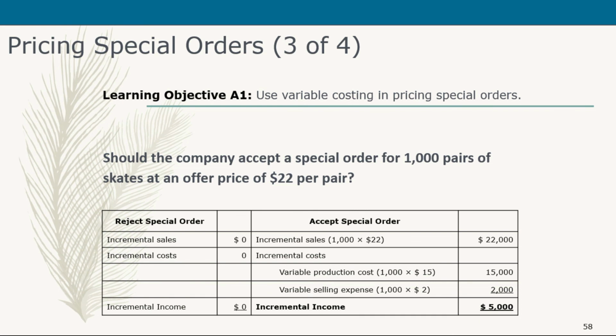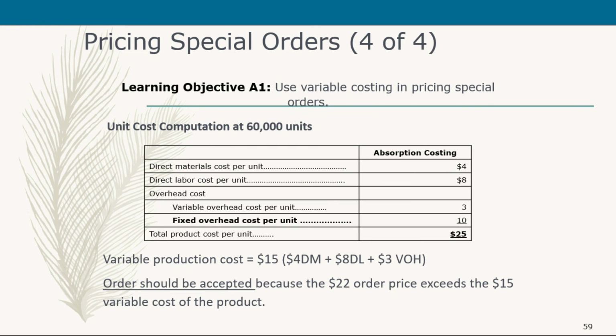We just leave the information from our first problem wherein we have your total product cost per unit of $25. So in this case, if we are to accept or reject special orders, particularly when we are facing a decision, please remember that your variable cost, or your variable production cost, would really matter.